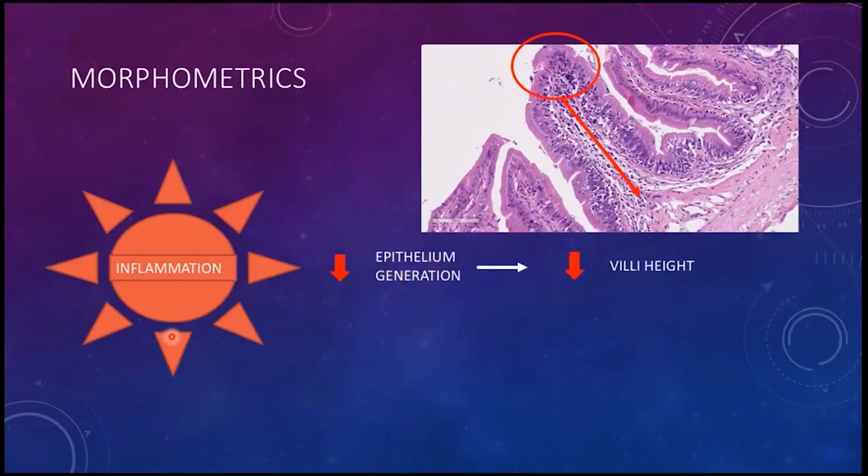we keep in mind one thing. When we have inflammation, we have a reduction of the epithelium, a reduction of the generation of the epithelium, and then the intestinal folds start to degenerate. So we have an atrophy of the villi, of the intestinal fold, and then we have a reduction of the villi height.